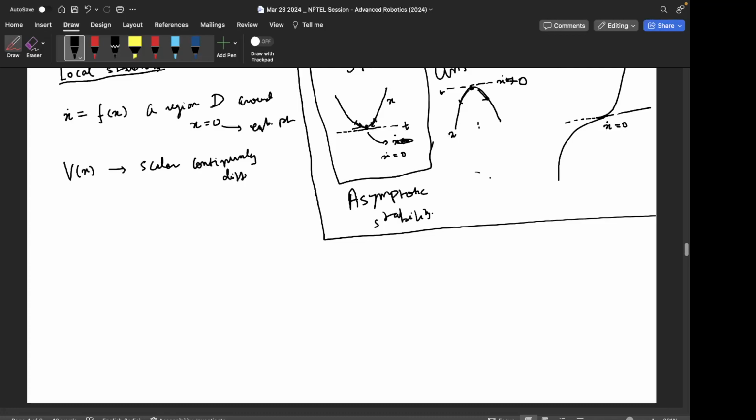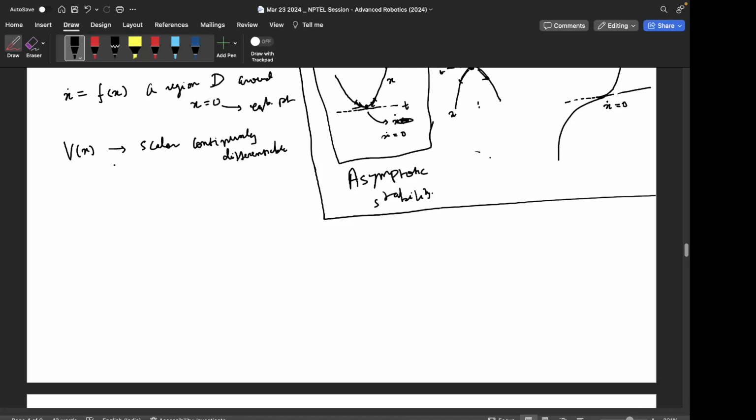So these are a few characteristics which need to be satisfied. V(x) should satisfy certain properties. First is that V(x) is greater than or equal to 0 for all x belonging to D, and V(0) is equal to 0. This is the first criterion.